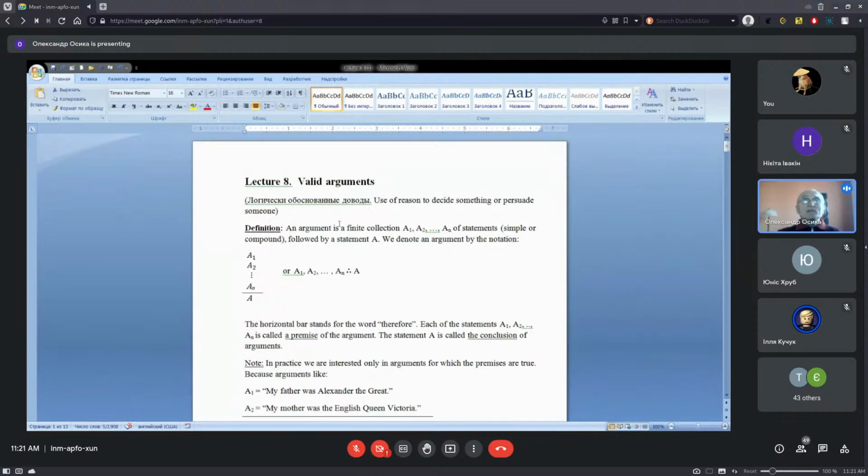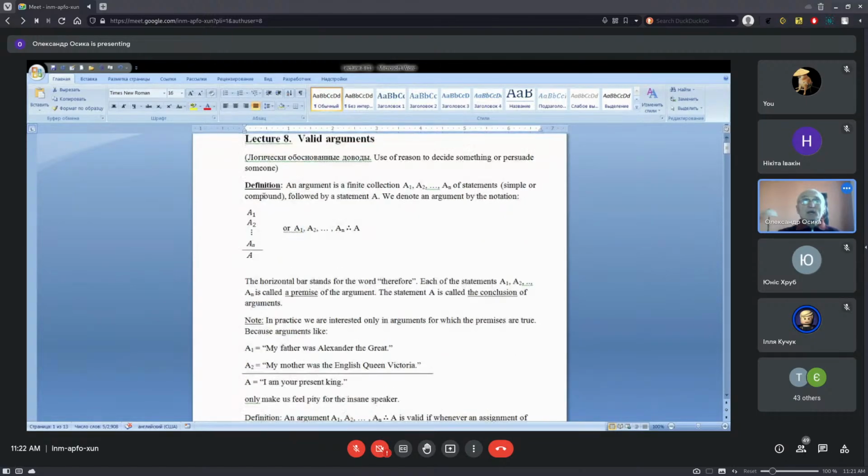An argument is a finite collection A sub 1, A sub 2, and so on, A sub n, of statements that are simple or compound, followed by a statement A. We denote an argument by either this notation or this one. If we can squeeze our argument in one line, then we will use this notation.